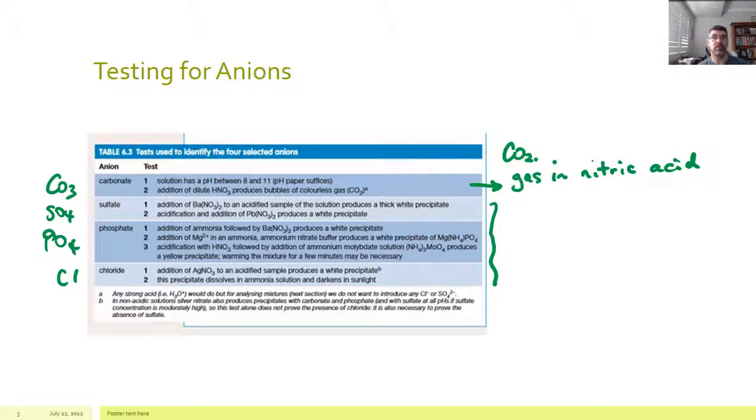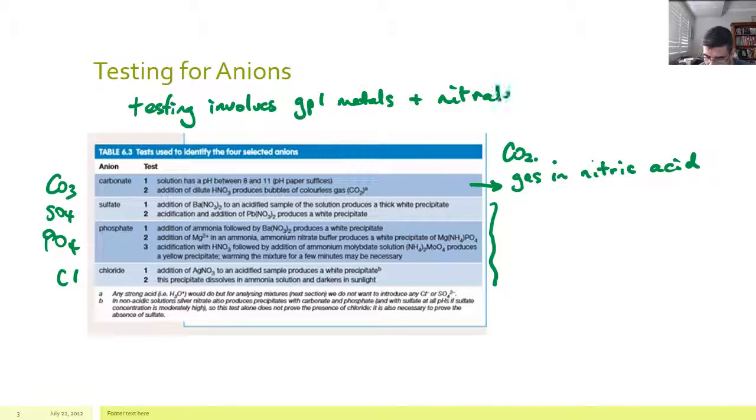One of the things that you'll be starting to notice here is that we use a lot of nitrates. So testing involves mainly group 1 metals plus nitrate.